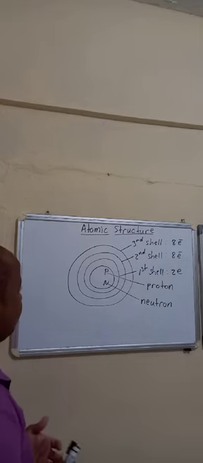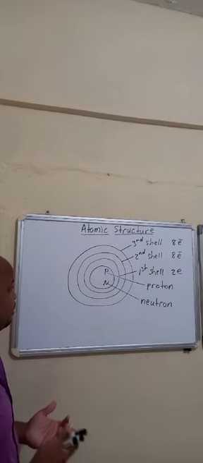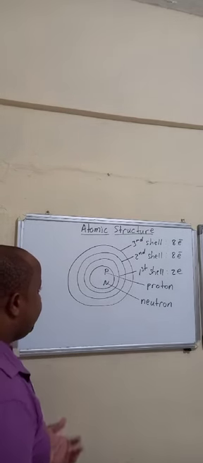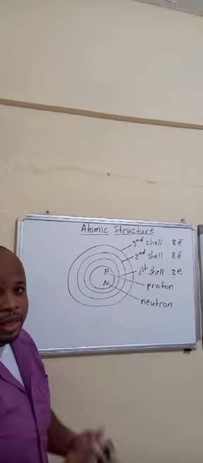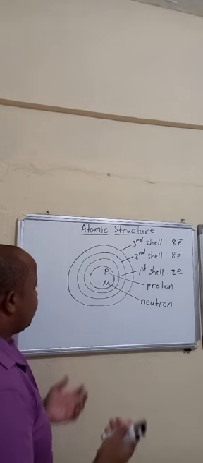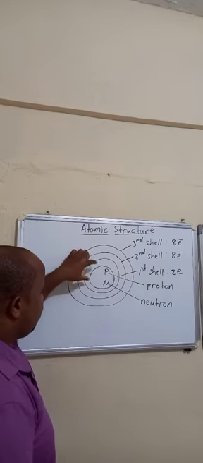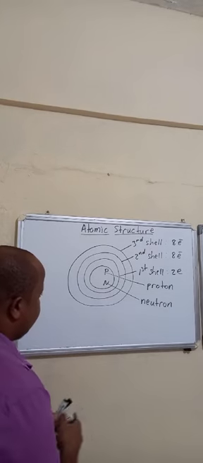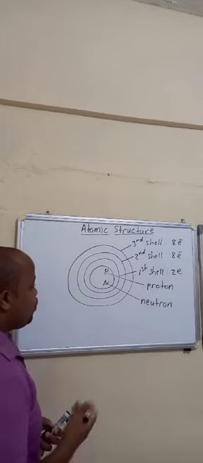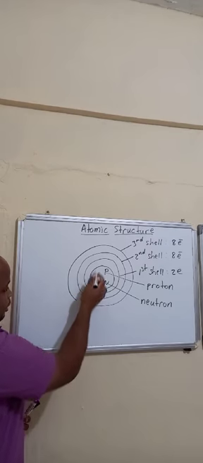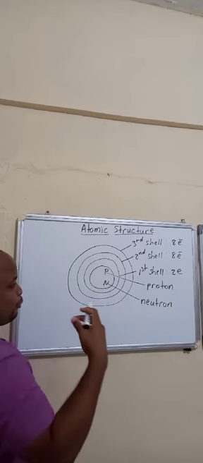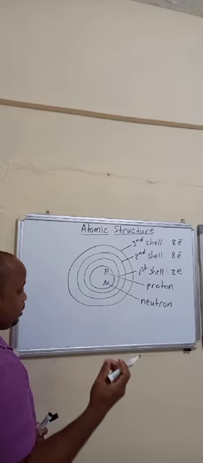So the atom is made up of three fundamental particles, right? Protons, neutrons, and electrons. It is composed of a central nucleus, which we are going to show by the first circle. Each circle represents something else.